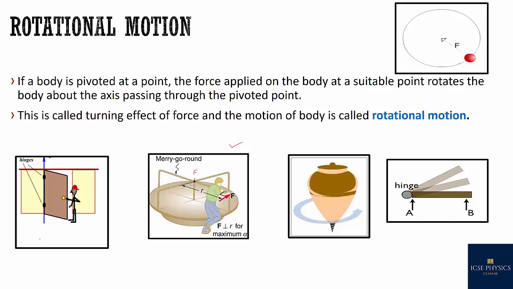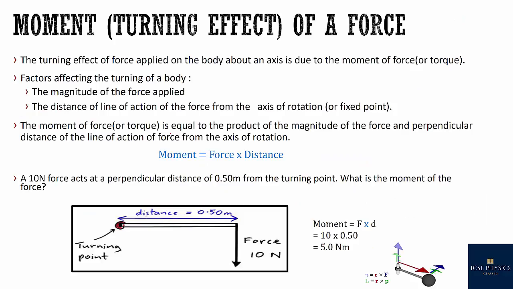Similarly, in this example, when force is applied at the turning point, the body takes a circular way. So these are examples of rotational motion, and the turning effect of force is known as moment of force or torque. Let's see what is moment of force or torque in detail.